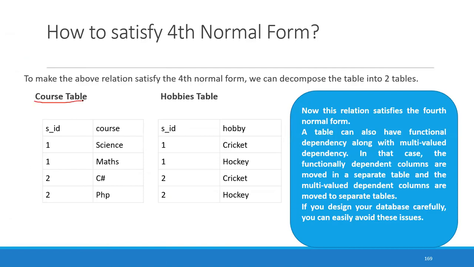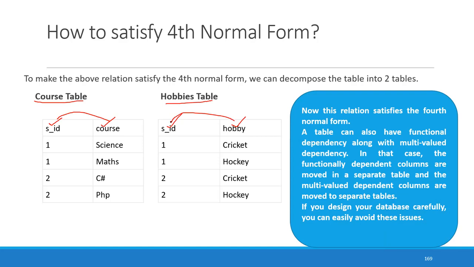So two relations R1 and R2. In R1 the columns are student ID and course, and student ID and hobby in the hobbies table, and there is only one dependency in each.